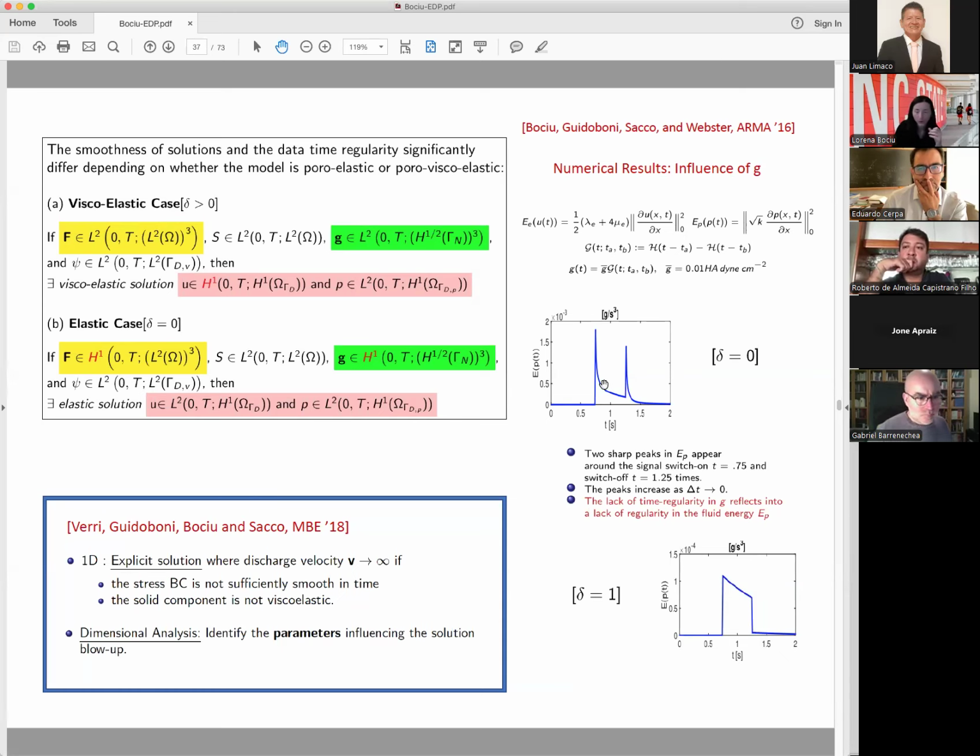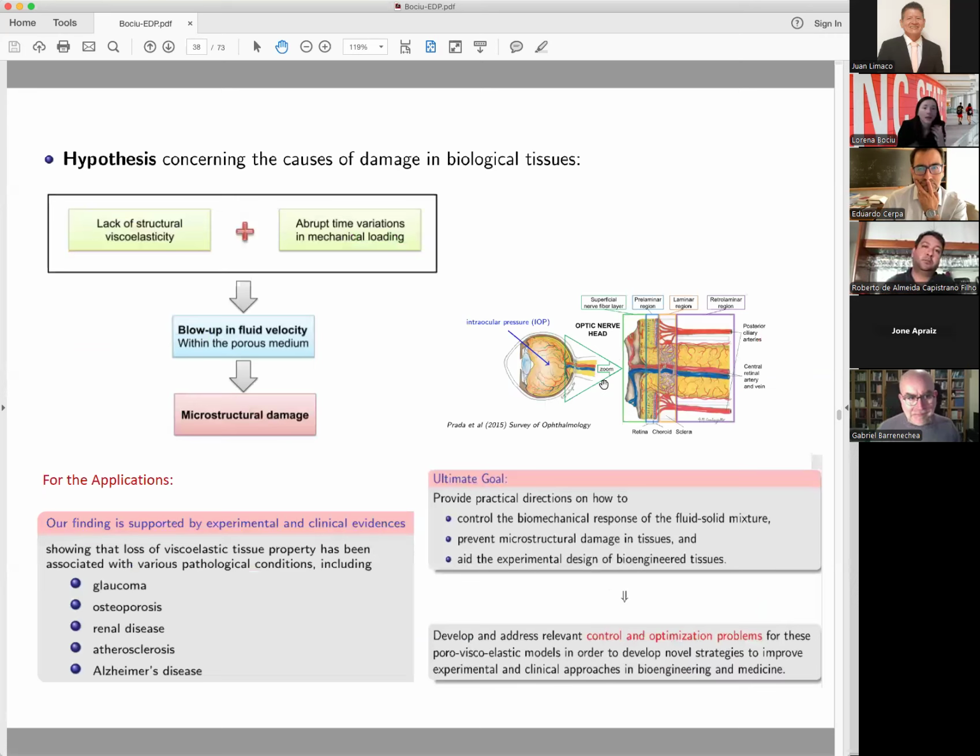So really, this helped us come up with a hypothesis concerning the causes of damage in biological tissues, namely lack of structural viscoelasticity in combination with abrupt time variation in mechanical loading. So think of this as data, and for the eye, this boundary data would be exactly the intraocular pressure.